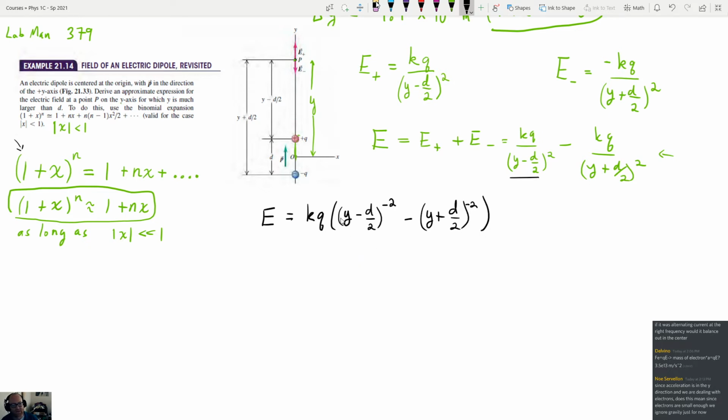Now we need to get rid of this y right here, so we're going to factor a y out of each term. If I factor a y out of this expression, I'll do it one step at a time. It'll become 1 minus d over 2y, with that whole thing raised to the negative 2 power. And then the same thing for this one: factor a y out.